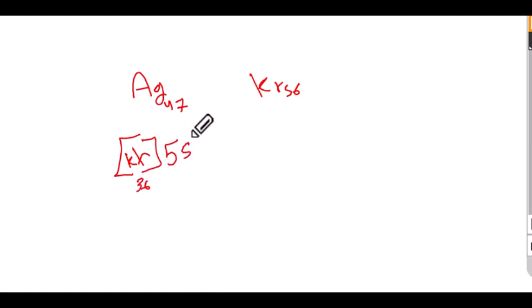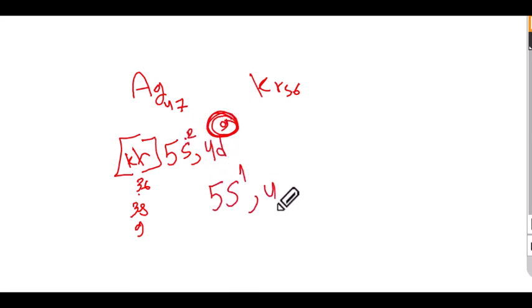Here 36, and 5s takes 2 electrons, then 4d takes 10 electrons, but here 2 plus 36 is 38. Here 47, so we have only 9 electrons. Here is an exception: if d takes 9 electrons, we take 1 electron from s. So 5s is 1 and 4d is 10.